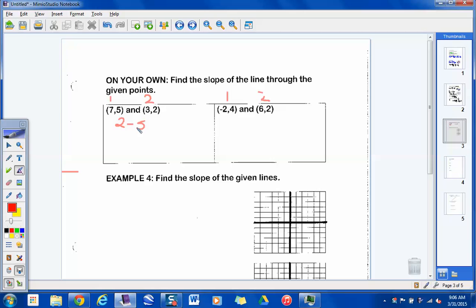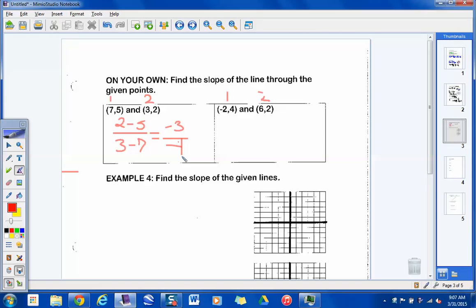And then you gotta put this little dash. And then you gotta do 3 over 7 because that's 3 minus 7, x2 and x1. And then I got negative 3 over negative 4.